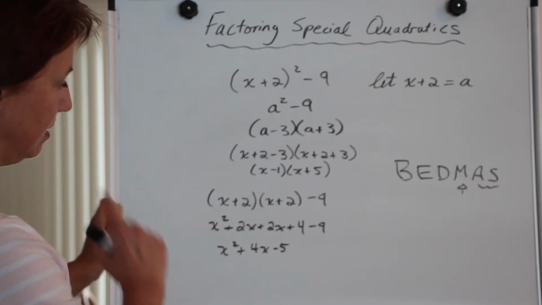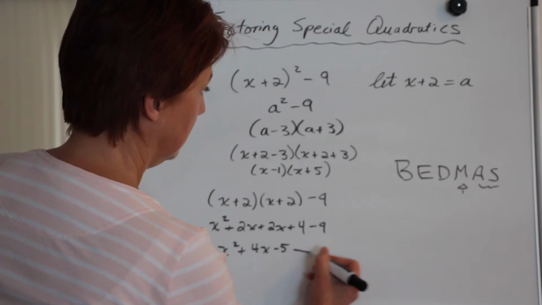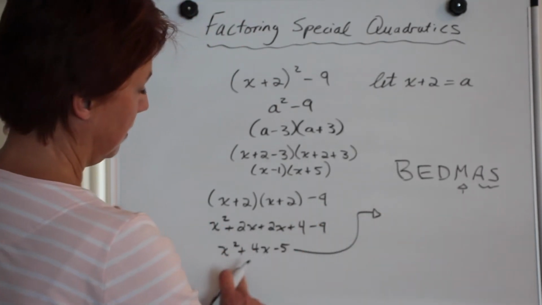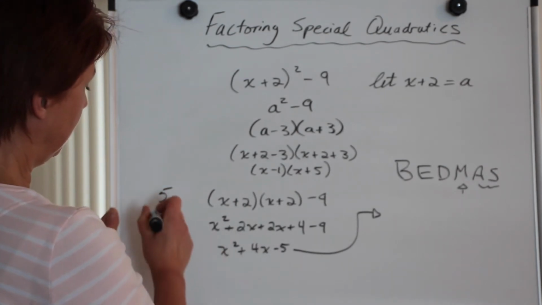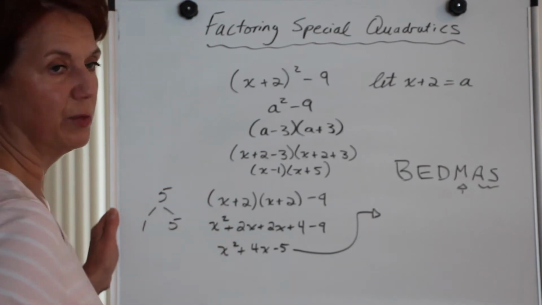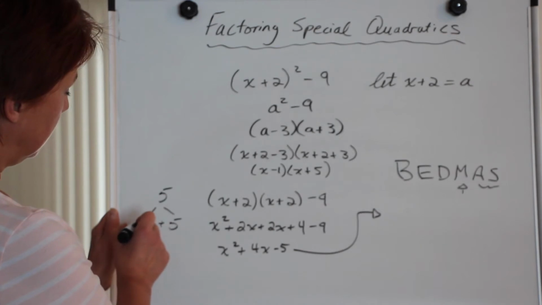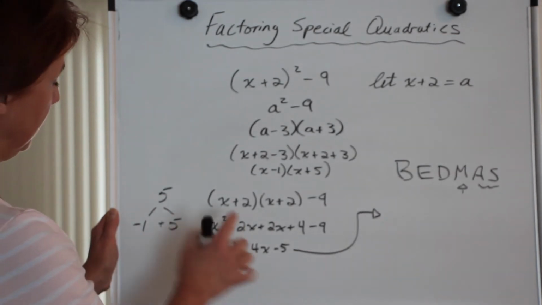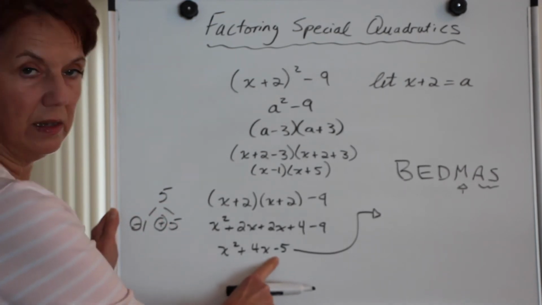And then this is of the form that we've been factoring for the last several videos. So, I don't know if I'm running out of room here on the screen, so I'll move this over here. What multiplies to make 5 that adds to make 4? Well, 5 only has one pair of factors, and that's 1 and 5. The 5 has to have a plus, the 1 has to have a minus in order to get positive 4. And when I multiply those two signs, I'm getting this sign, yeah?